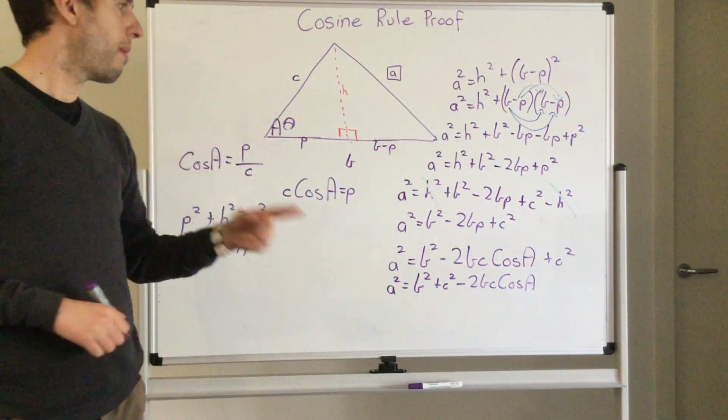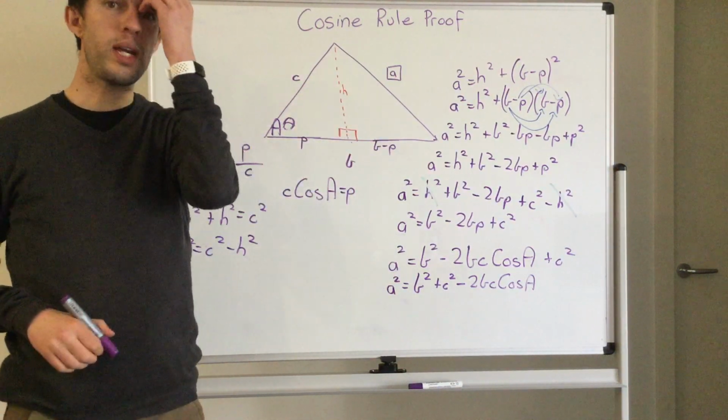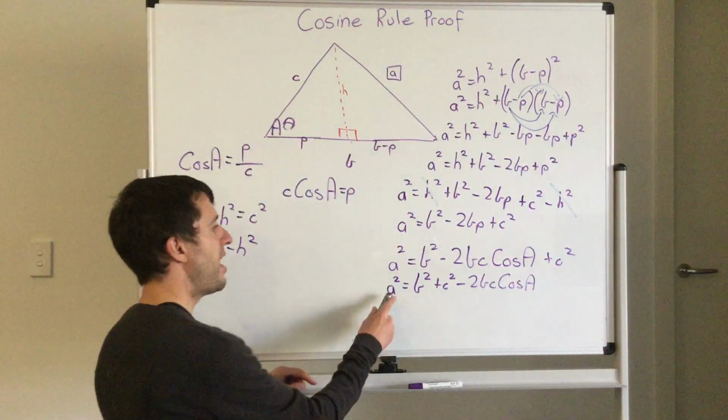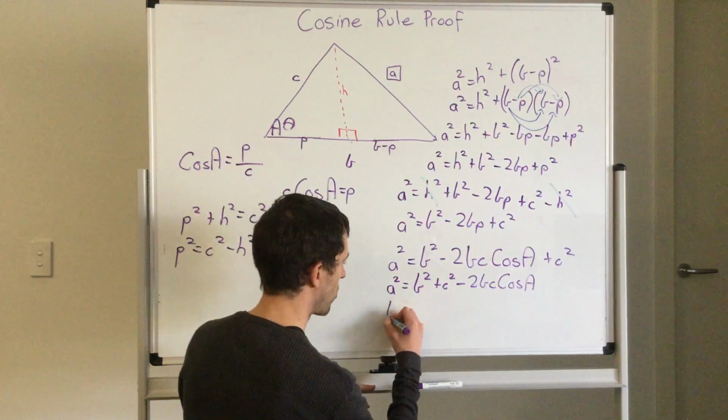So it doesn't matter if we're looking at this side, or this side. We can apply this rule. For example, even though this is A squared, I could find it as B squared.